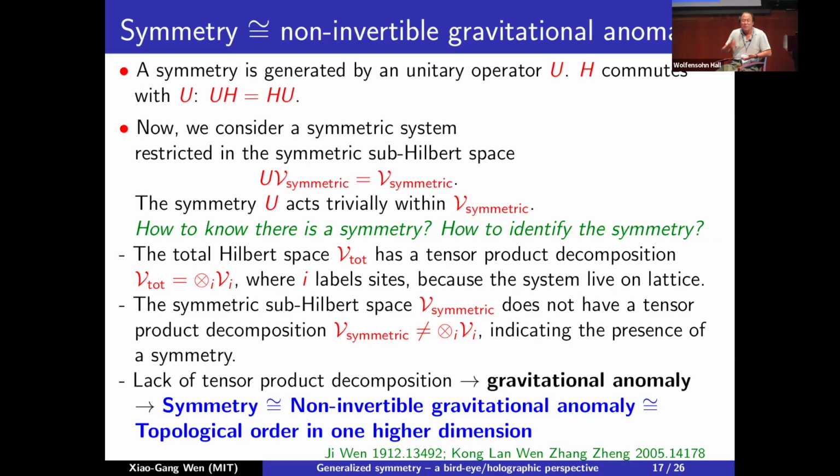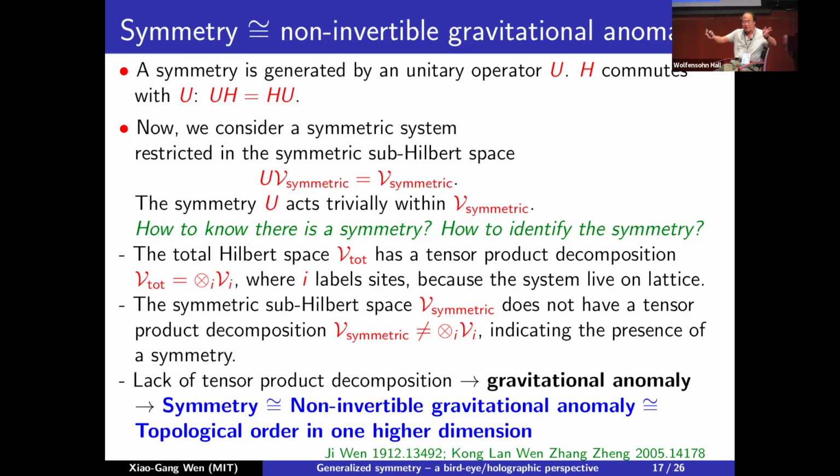We don't know the symmetry unless we break it, but here we want to know the symmetry without breaking it. Can we do that? So this is really the kind of philosophy in this consideration. Okay, but one idea is that when you restrict yourself to the symmetric sub-Hilbert space, this symmetric sub-Hilbert space no longer has a tensor product decomposition.